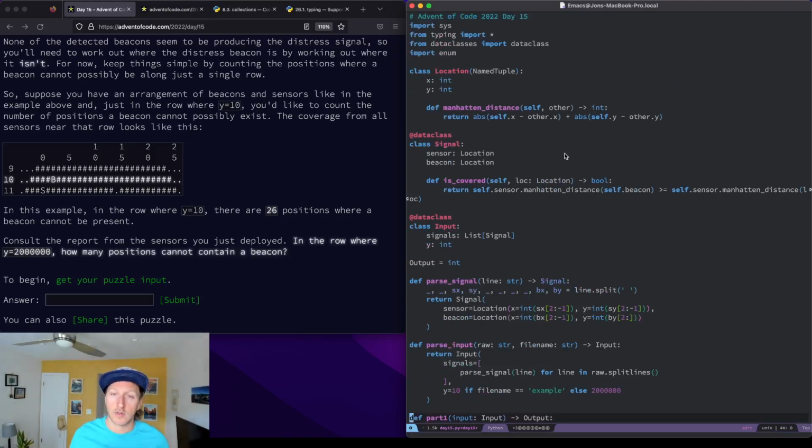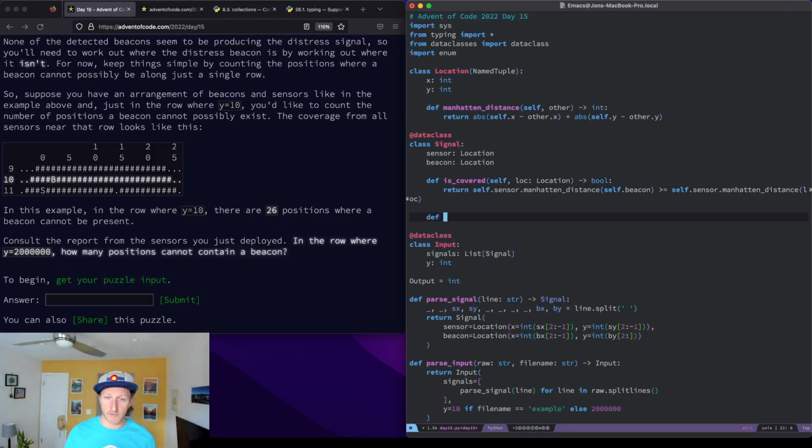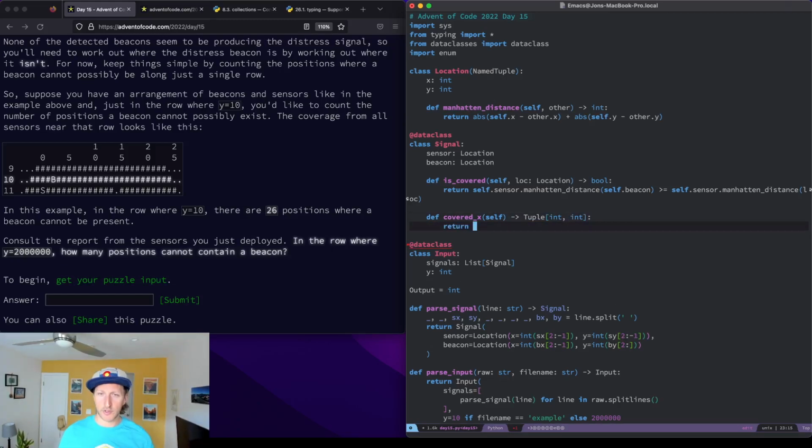So I'm going to make a function that says def farthest x, or min covered x, self, int, and this is going to give us the minimum coverage of x and the maximum covered x. It's actually pretty simple. Return.